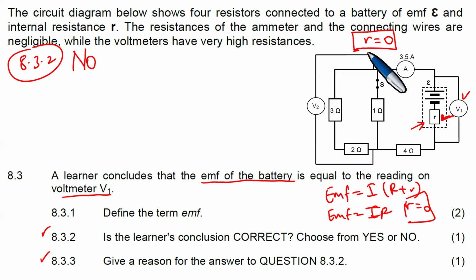Because if the internal resistance is zero, yes, EMF is going to be equal to V1, the V external. I want us to be very careful in terms of language here.